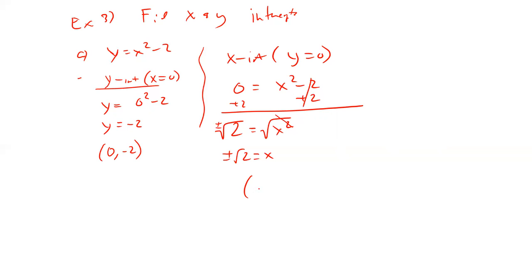I think it writes each of them separate, yeah. So positive square root 2, 0, and negative square root 2, 0. Boom, are we good there? And we'll talk about symmetry in just a second, and then we'll jump to some other stuff.